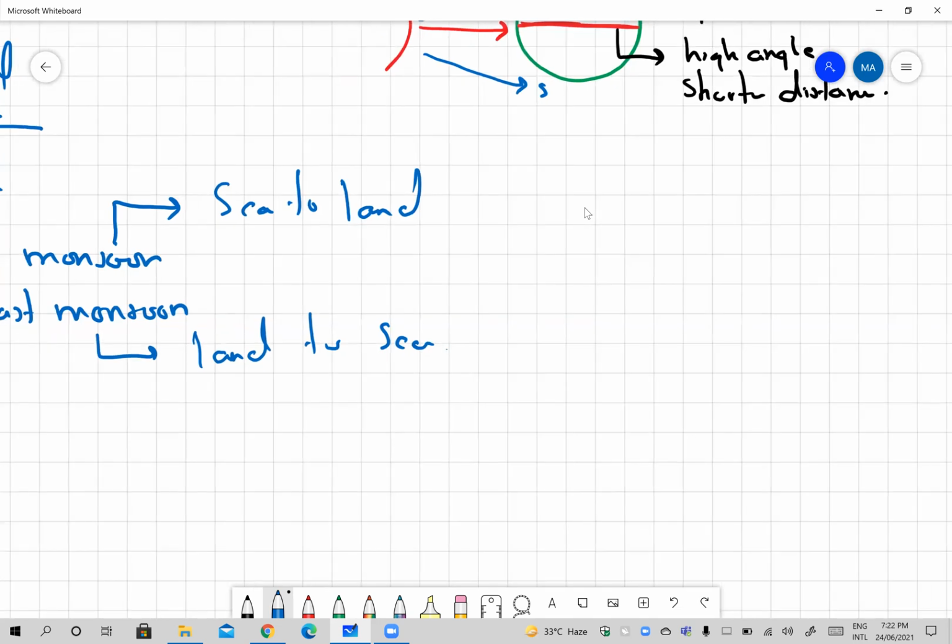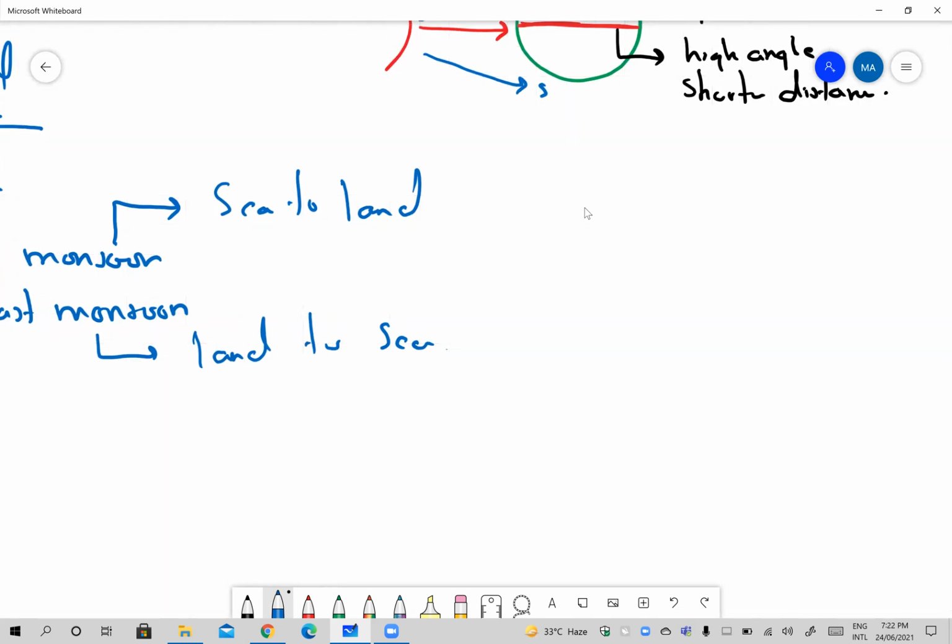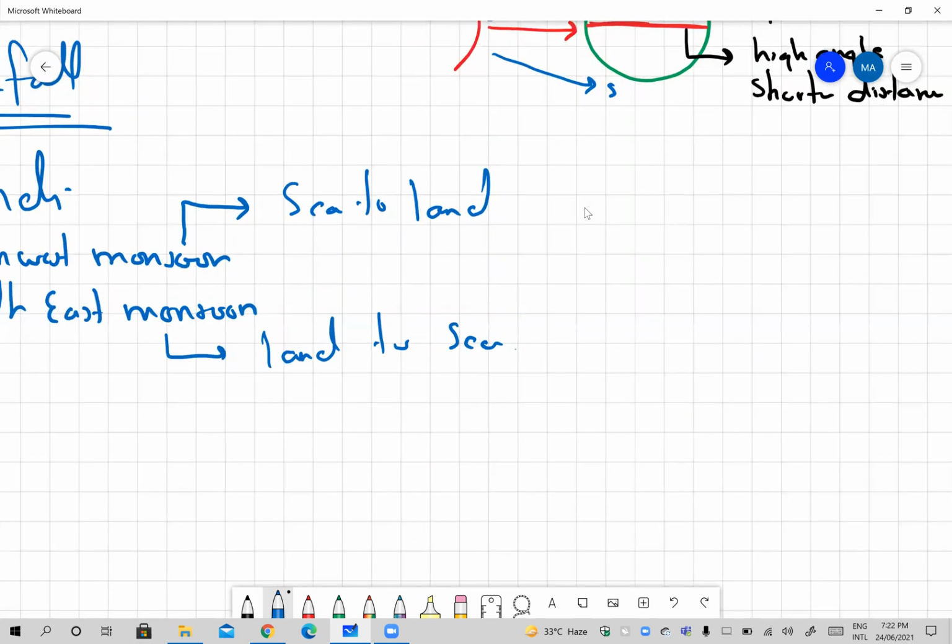If we talk about the summer monsoon winds, okay, the southwest monsoon.